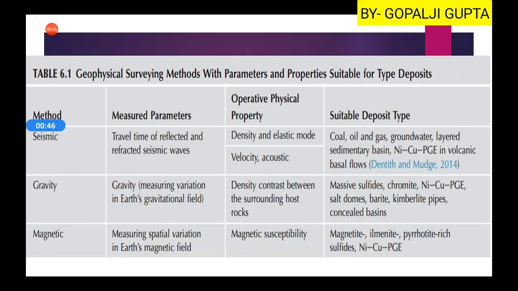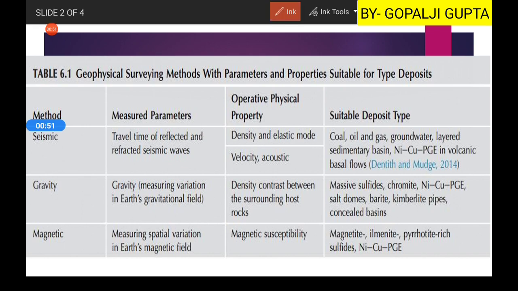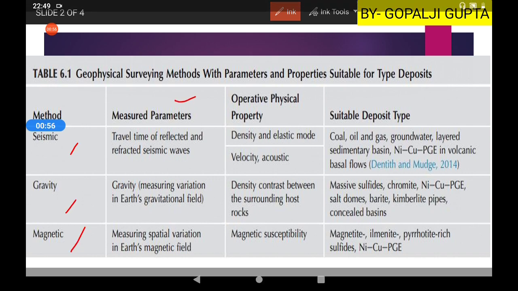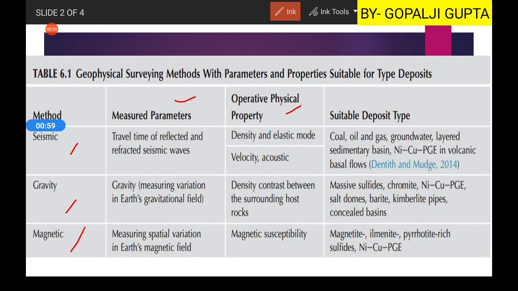Here I will show some tables, and you can see that different methods are given, like seismic, gravity, magnetic, and the parameters, physical properties, and finally the suitable deposit type. First is the seismic method. In seismic methods we use the parameters travel time of reflected and refracted seismic waves, and the property of rock which we get is density and elastic modulus of the rock, velocity and acoustic impedance.